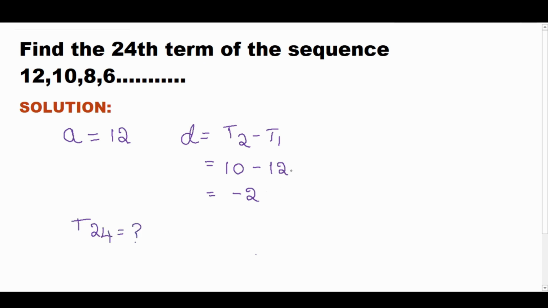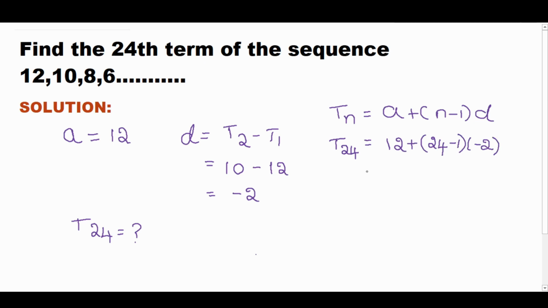We have the formula Tn is equal to A plus n minus 1 into D. So we know n is 24. We need to find T24 now. A we already know it's 12, plus n value is 24 minus 1, and D value is minus 2.